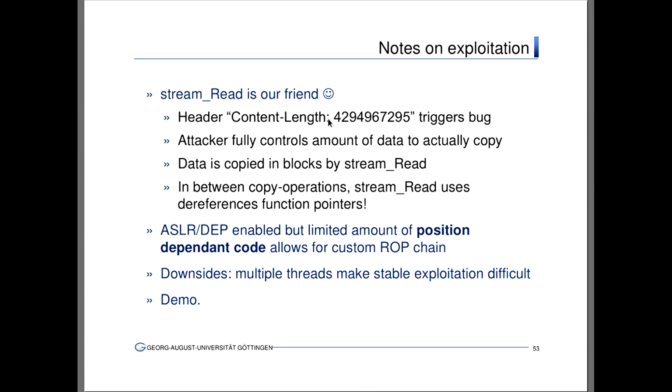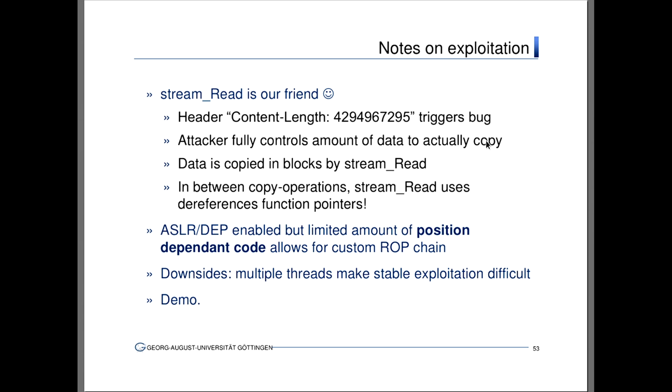Right. The attacker fully controls the amount of data to actually copy, and you also control how data is fragmented into different blocks. And now the nicest thing of all, and this is why we control EIP on this, in between those copy operations, stream read dereferences a function pointer. Okay? So if you overwrite this function pointer, then you control EIP.